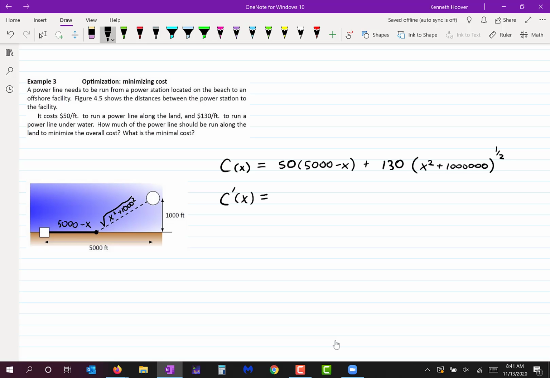So do you agree that the derivative will be 50 times negative 1 plus, and then let's be careful here, we're going to have 130 times 1/2 (x squared plus 1,000,000) to the power negative 1/2 times 2x.